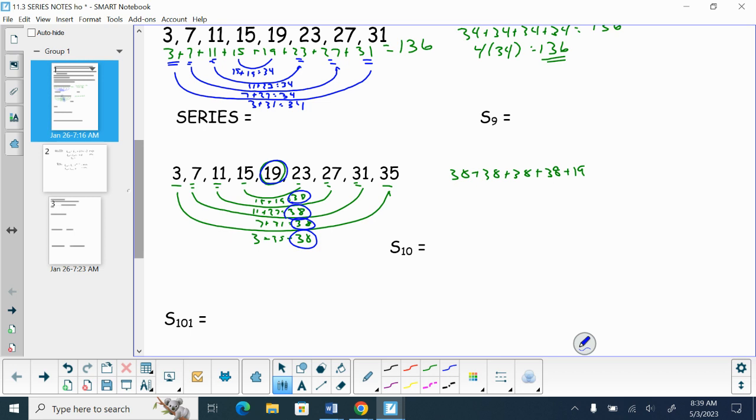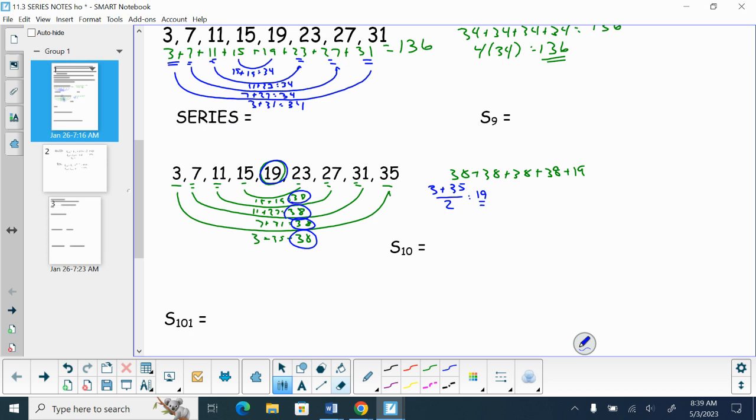Well, let's take a look at the division by 2. What we have here is 3 plus 35. And if we divide that by 2, we get a value of 19.